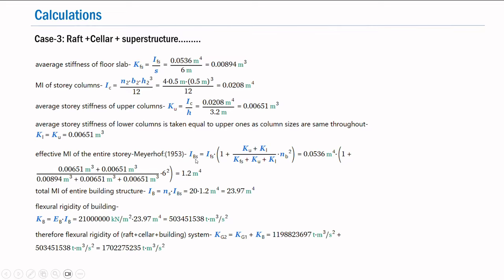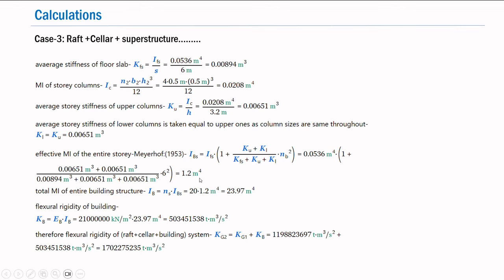That is, IBS is equal to IFS into 1 plus KU plus KL divided by KFS plus KU plus KL into NB square. So remember that here NB stands for the number of bays. So substituting the various values, we find that the effective MI of the entire story is 1.2 meter raised to 4.